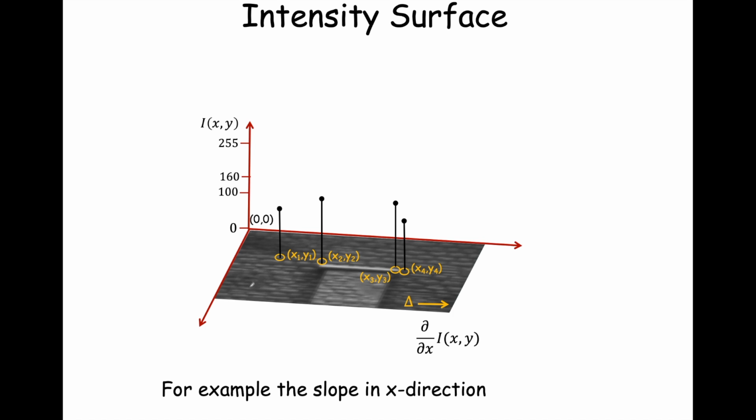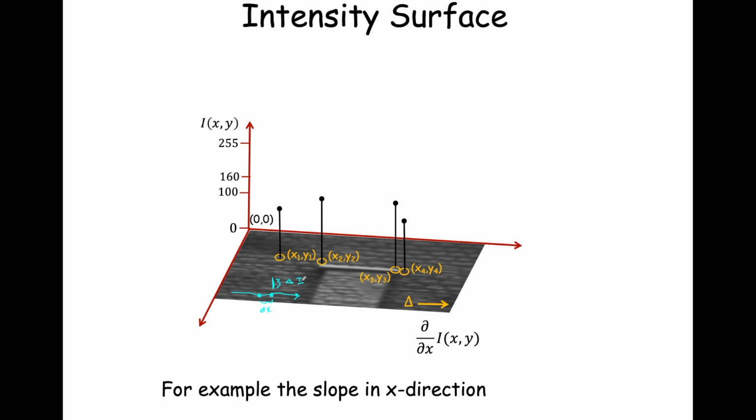So if you imagine a scan line, you go across the image along x in some direction, and you're looking at the partial derivative with respect to x as you go from one location x to the next location x. That's your delta pixel, your dx. You're looking at the change in the intensity surface, namely the delta in your intensity function.